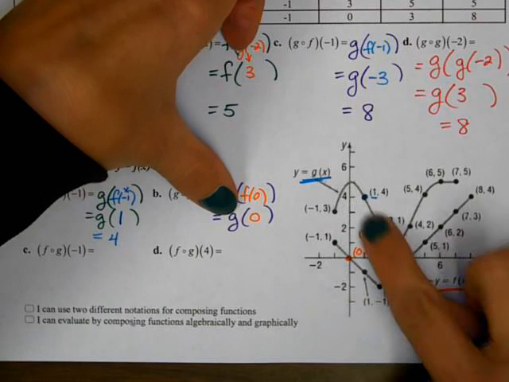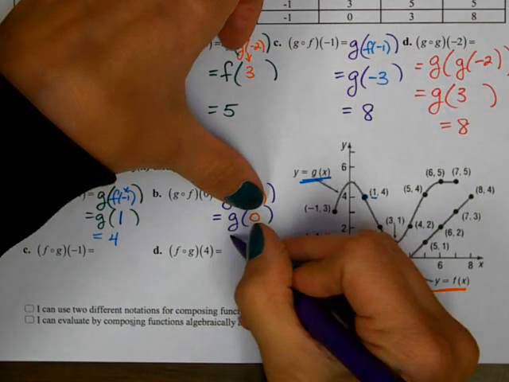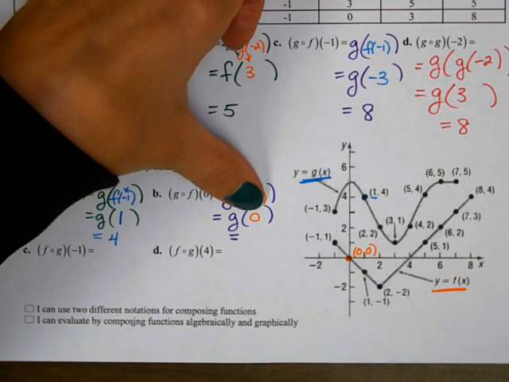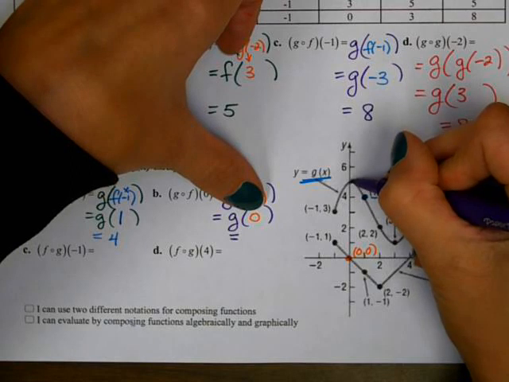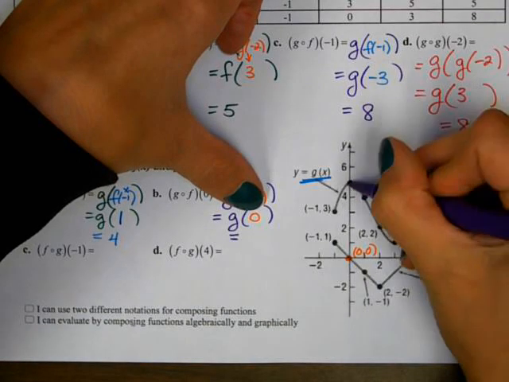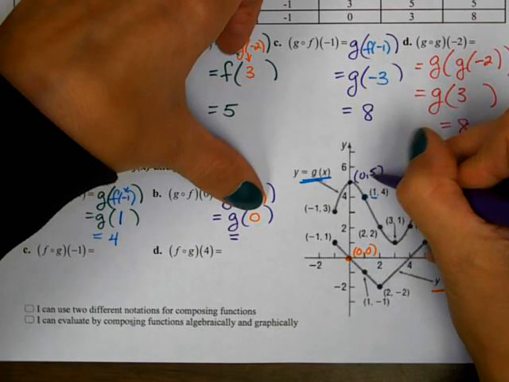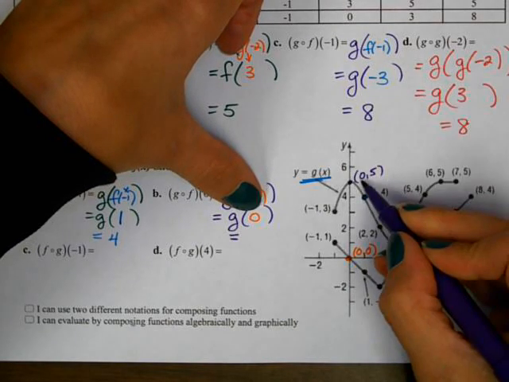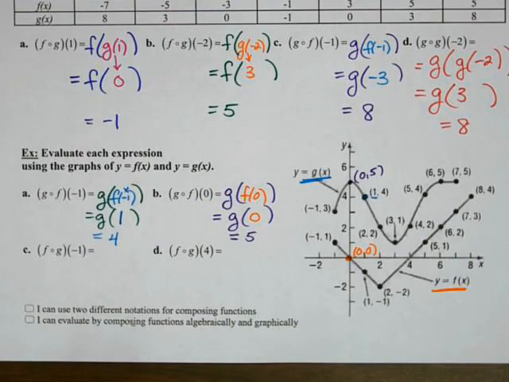So go to the curvy g graph and we're looking for an input of 0 so we can find the output. Now I don't see it on here, but it's right here. If putting a dot makes you feel better, you can put the point. In fact, putting the coordinates 0, 5 might be helpful. So 0 is the input and 5 is the output.